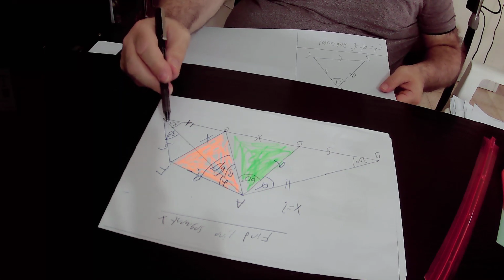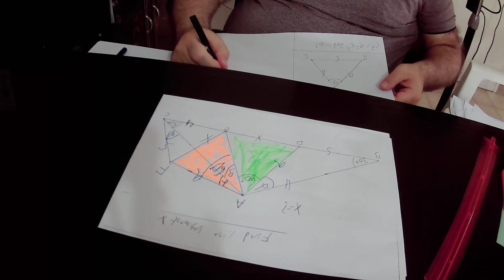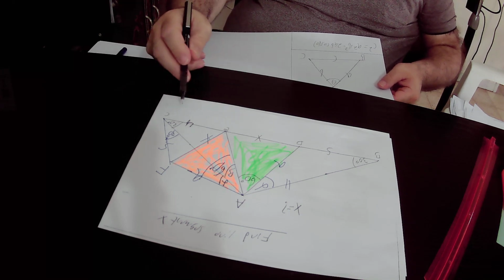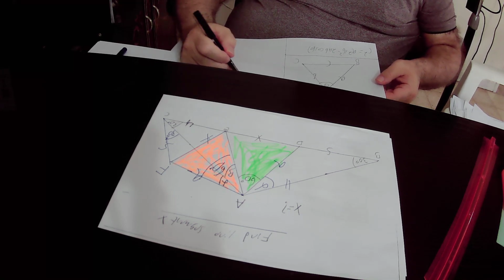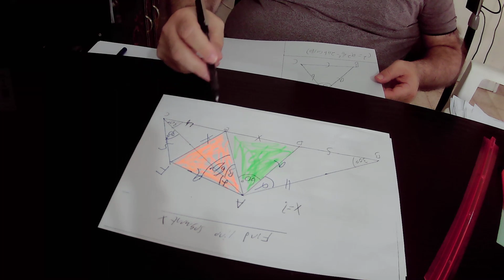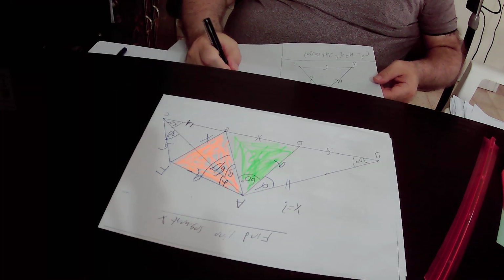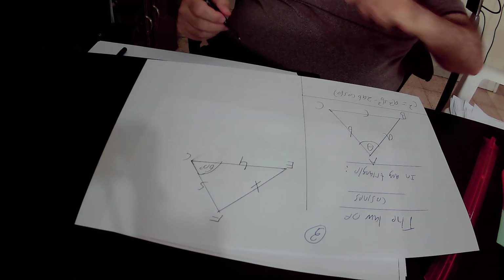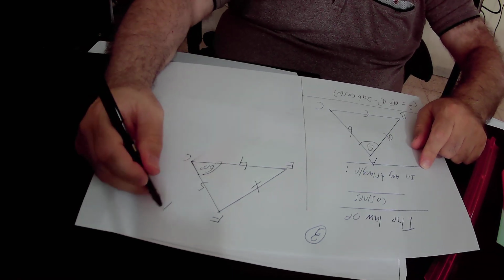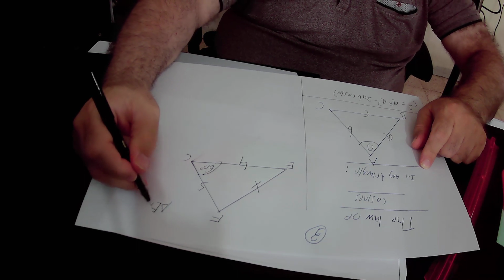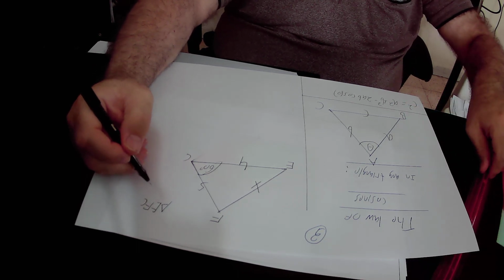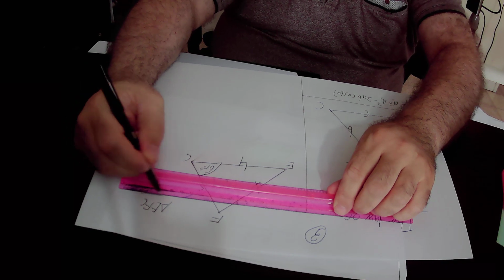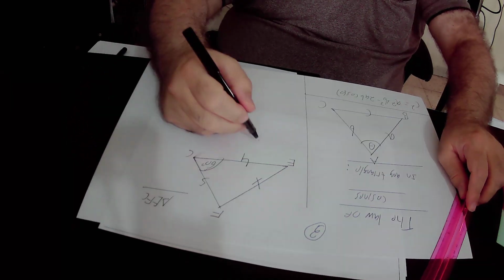Side FC equals 5 units in length. Side EC equals 4 units in length. And side EF equals x units in length. That is the line segment that we are looking for. So this is triangle EFC that I copied from the original drawing, and we'll implement the law of cosines in it.